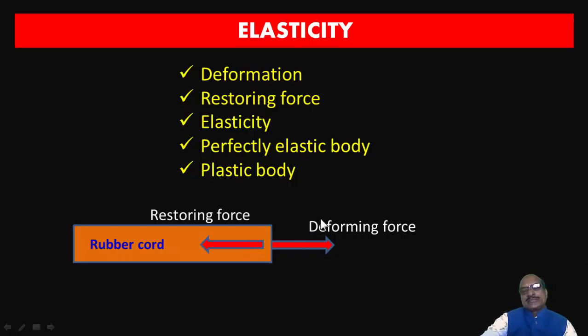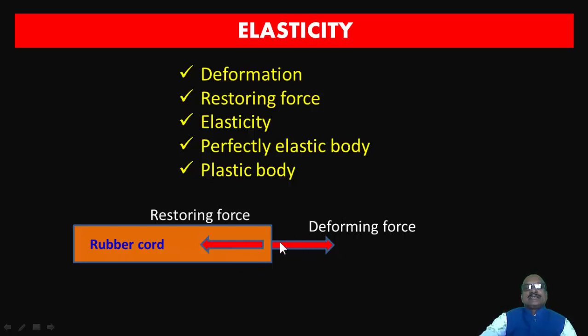As we go on increasing the magnitude of the deforming force, the magnitude of the restoring force also increases. So the restoring force will try to restore the initial configuration of the material body, and the deforming force will try to change the configuration.